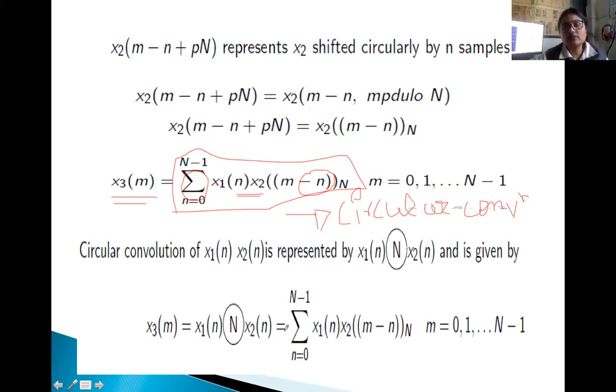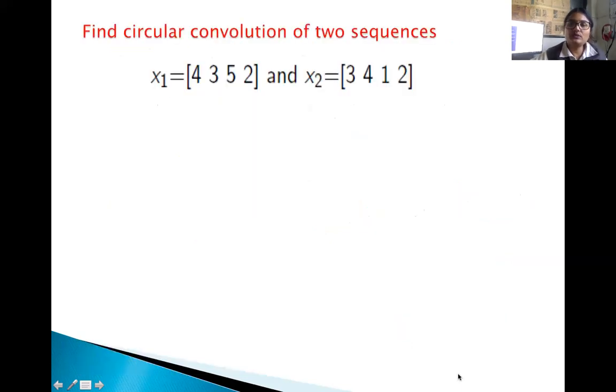And this is nothing but equal to summation n varies from 0 to n minus 1, x1 of n multiplied by x2 of m minus n modulo n. So this is the circular convolution in the time domain, right? So this is the property.